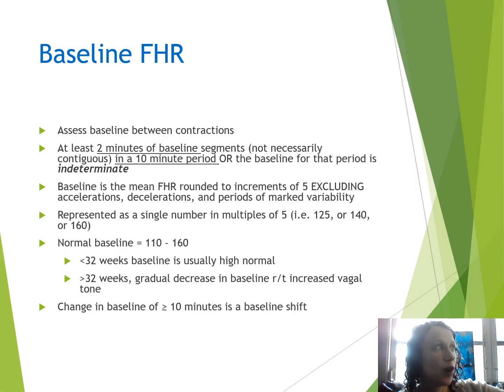So we try to find the line that the fetal heart rate mostly lies on. It does not need to be contiguous or continuously on the same line. You can have jumps, accelerations, or decelerations in the middle of that, and it does not affect it. So where's the majority of the fetal heart rate?